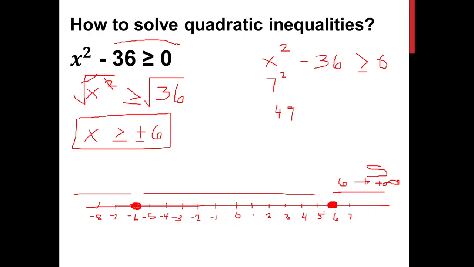Let's try to check for positive 5. Again, you need to double check your work, checking the left and the right of your result. So if x is 5, you have 5 squared, 25, minus 36, you have a negative result.